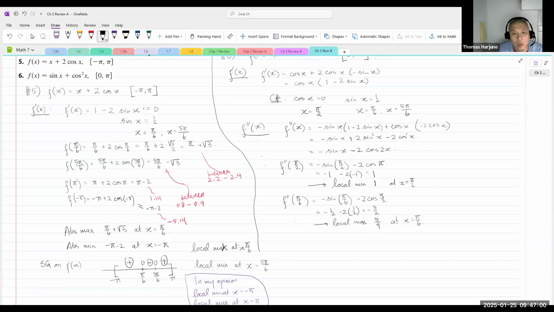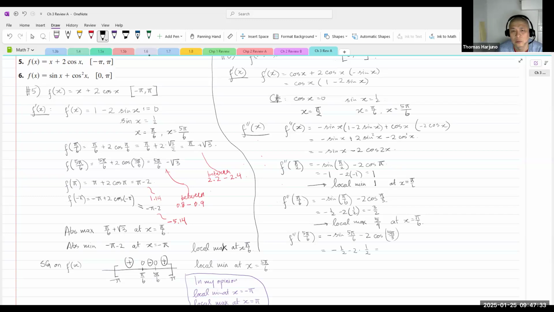Okay, and then what about the second derivative at 5 pi over 6? The second derivative at 5 pi over 6 is negative 1/2 for the first term, minus 2 times cosine 5 pi over 3. Oh, that's quadrant 4, so that's positive 1/2.